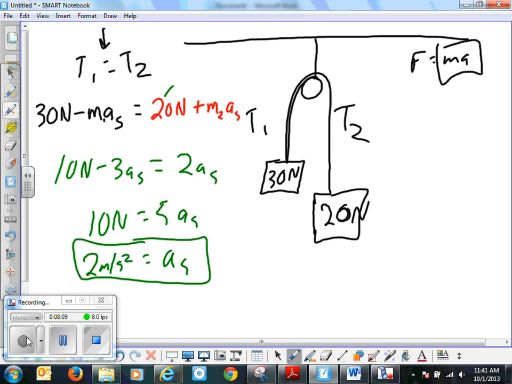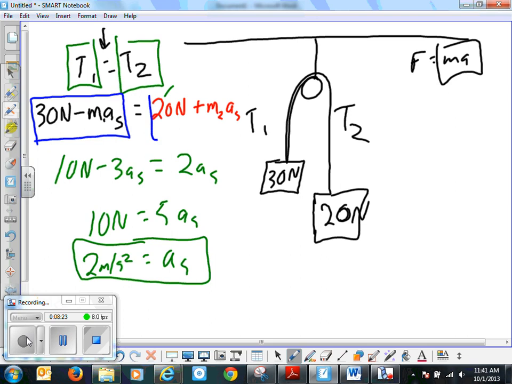Okay, and so now to solve for tension, you just remember this side is tension, they're equal to each other. So in reality I have two formulas that I could use to solve for tension. Either one, it doesn't matter. So let's just use T1.